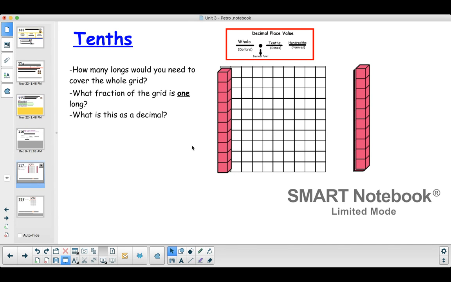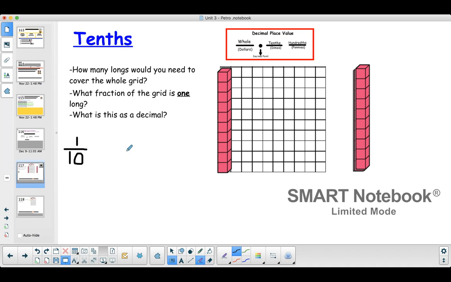With that being said, what fraction of the grid is 1 long? Look at this representation here. What fraction of the grid is 1 long? Yep, 1/10 is equal to 1 long.